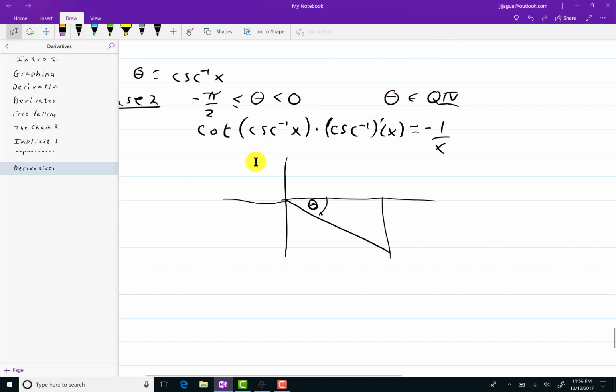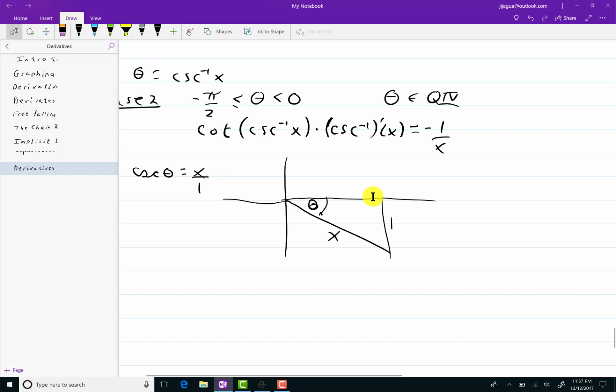Now, we still have cosecant theta equals x. Cosecant is still hypotenuse over opposite. So I'll have x and a 1 here. Now here's where the issue is. X is most definitely negative in this case.